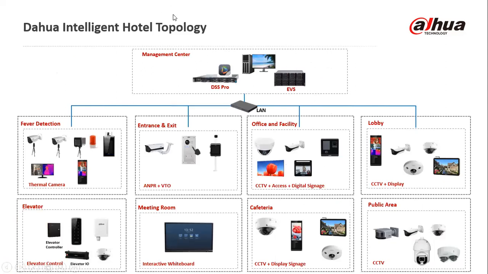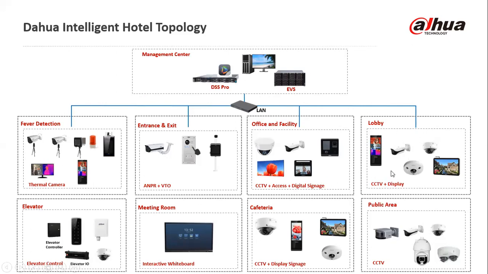The overall topology for the hotel solution is this one. You can take a screenshot on your phone so that you can keep it. It is a very large solution, encompassing things like temperature monitoring. We have the entrance and exit with number plate recognition, products like CCTV and other advertisement products, and access control.